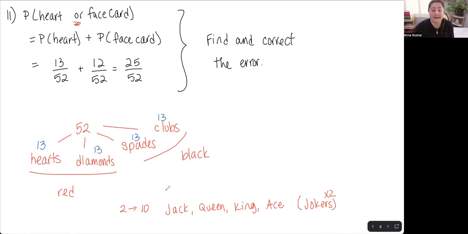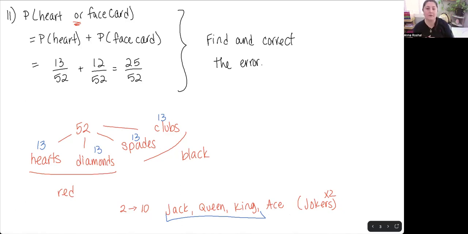And then if we're looking at the face cards, there's 3 face cards. The ace is not a face card. The ace is just like a 1. Sometimes it's used as a 1. Sometimes it's used as higher than a king.